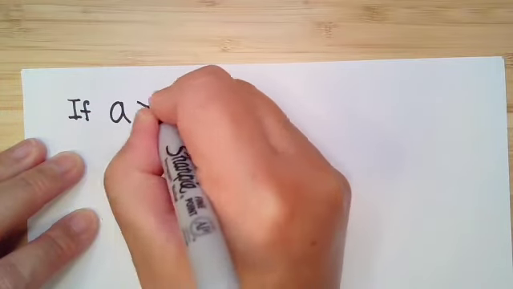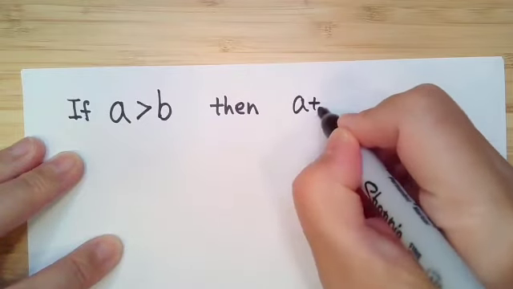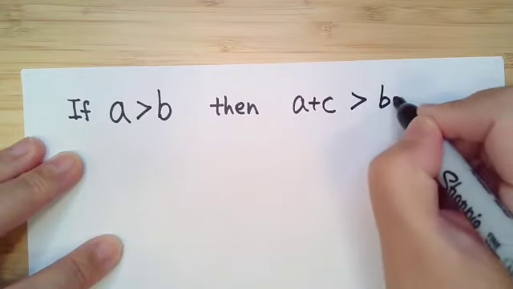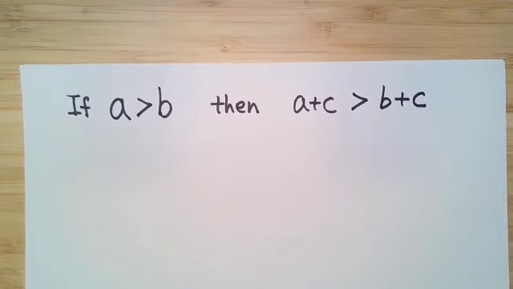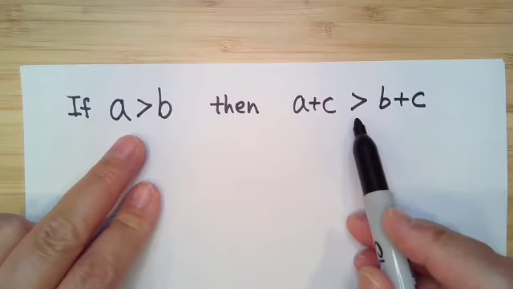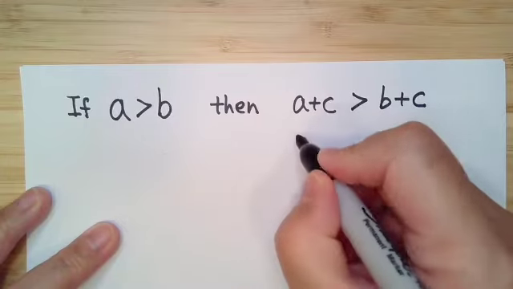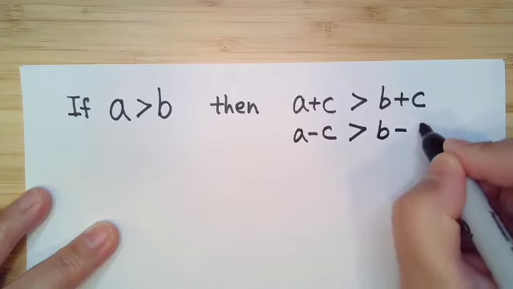It is like this: if A is greater than B, then A plus C is greater than B plus C. So if A is greater than B, A is a bigger value, and C is a smaller value, and then if you add the same amount to both sides, you still have this inequality, and the direction of the inequality symbol doesn't change. And of course, A minus C will be greater than B minus C.